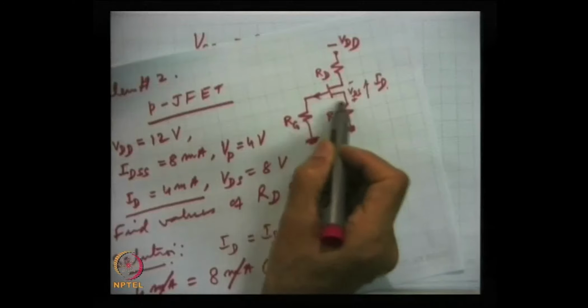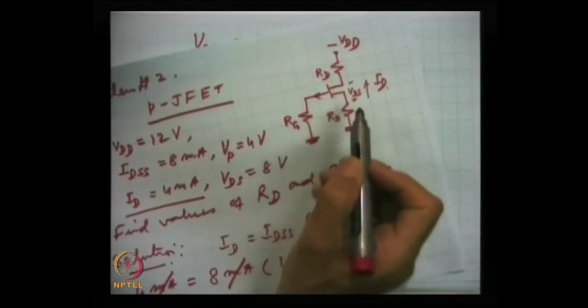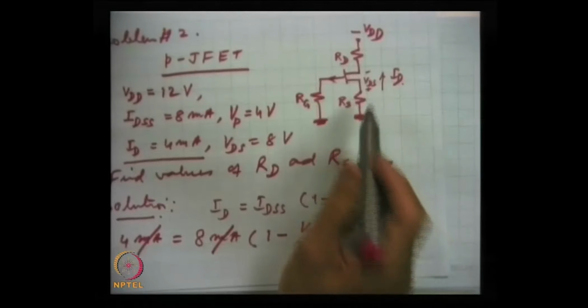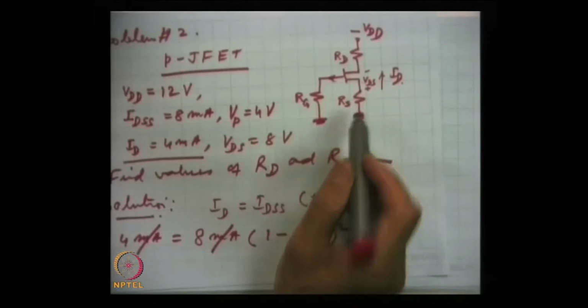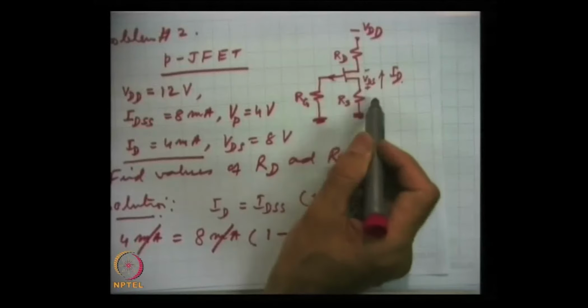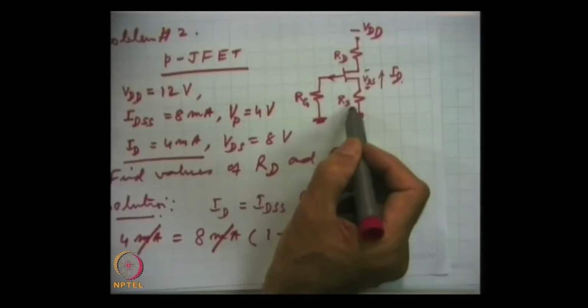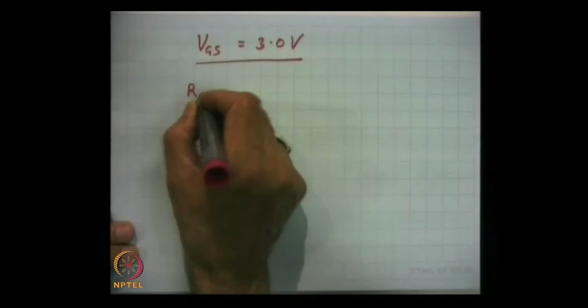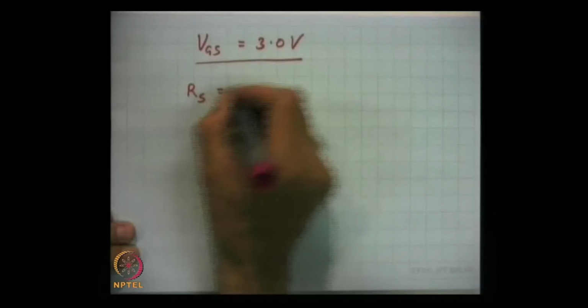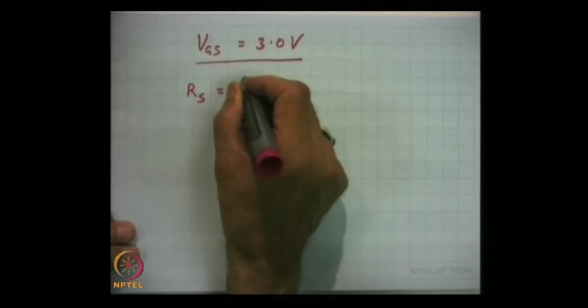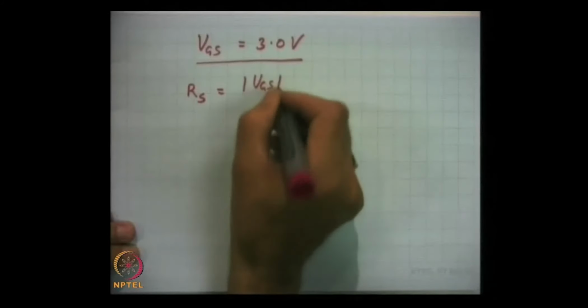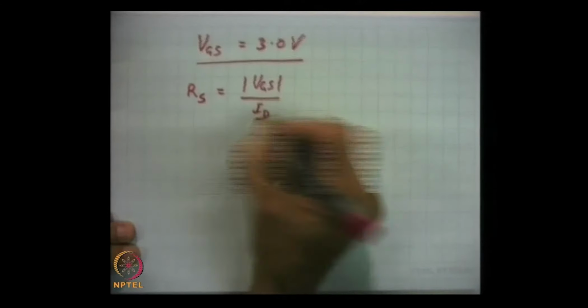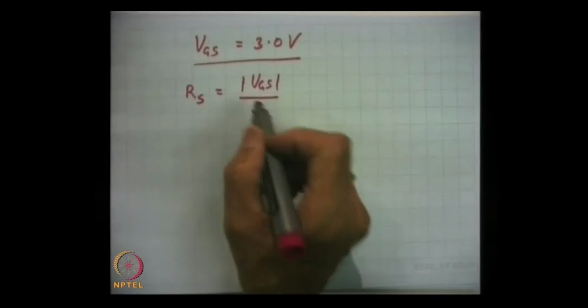VGS is 3 volts, and you will remember that it is a self bias circuit. So, this 3 volts is to be provided by this resistor RS. So, once we know VGS is equal to 3 volts, then we can get RS equal to the magnitude of VGS by ID, that will give the value of resistance.